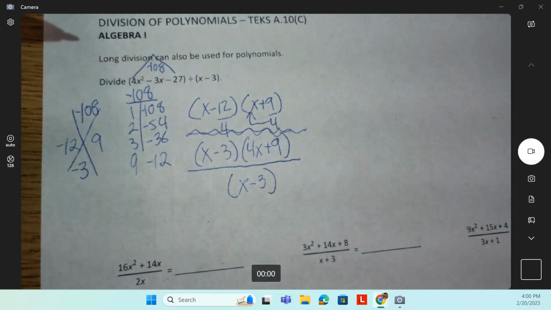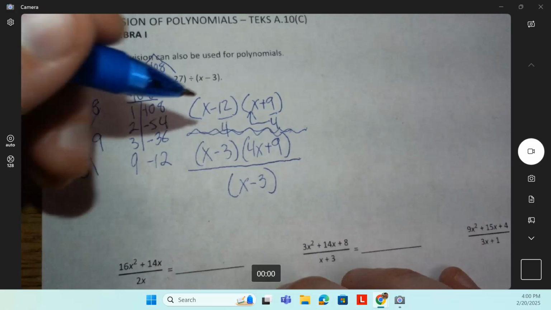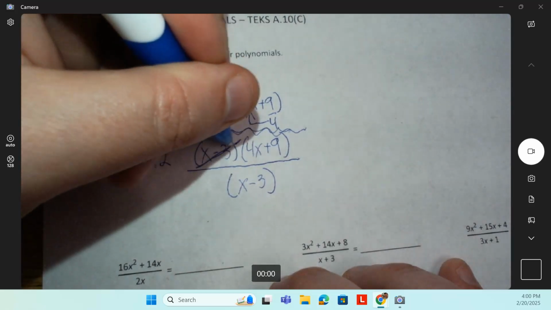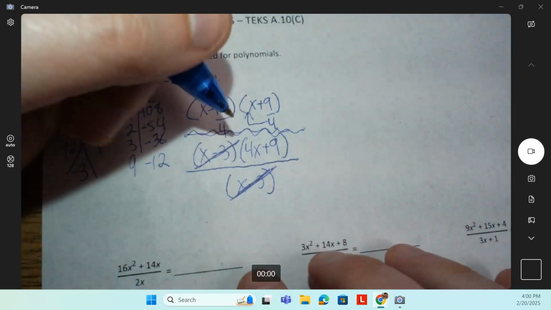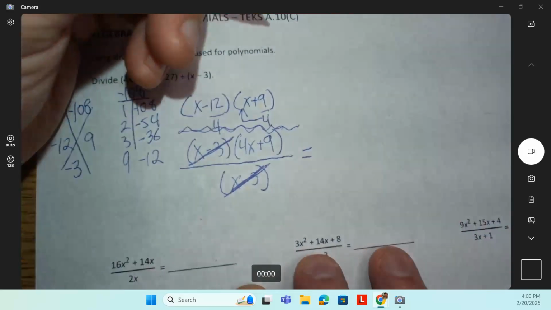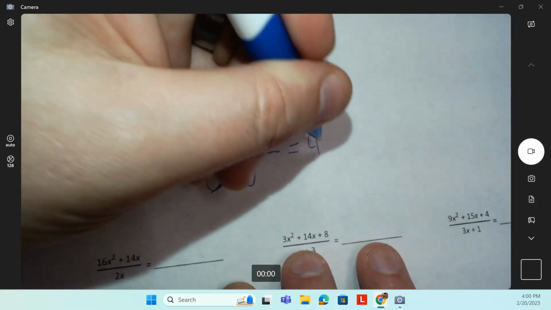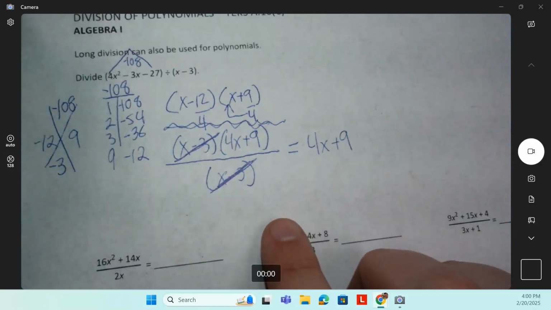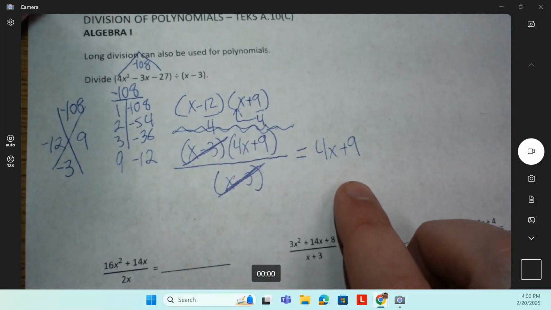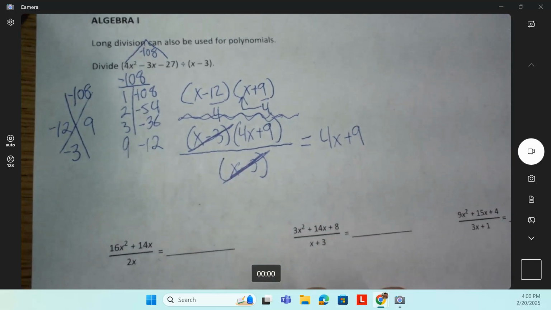What happens is exactly what you would think: those two cancel each other out. They become 1, which means they essentially disappear, and I'm left with just 4x plus 9. So my answer when those are divided would just be 4x plus 9 because those factors cancel each other out.